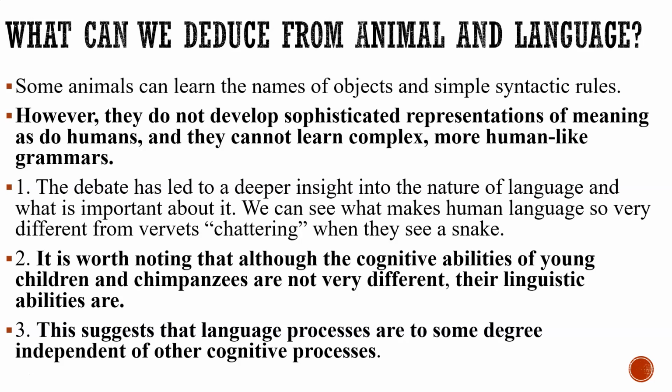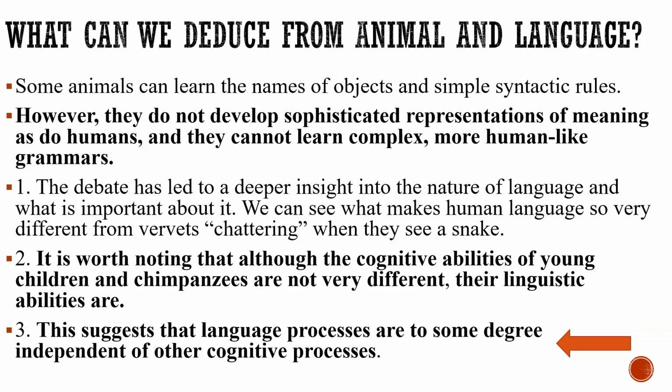So animals do not develop sophisticated representations of meaning. They cannot learn complex, more human-like grammars. So this has led researchers to believe that language processes are to some degree independent of other cognitive processes.